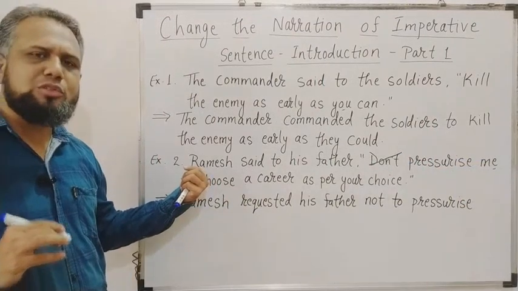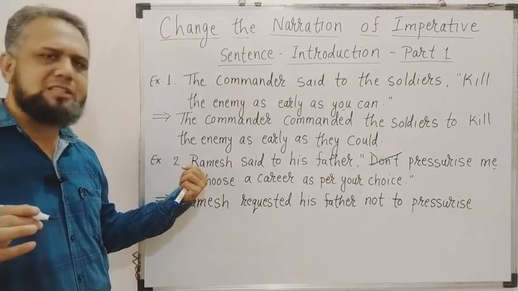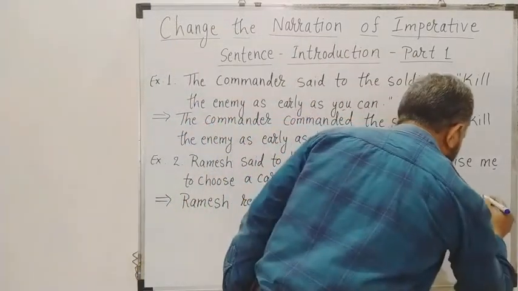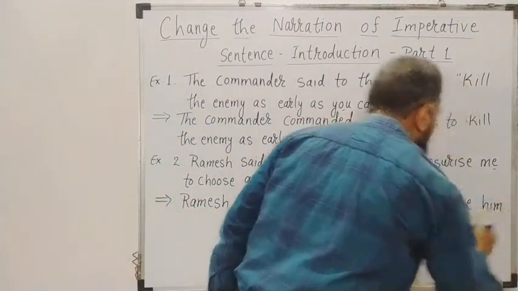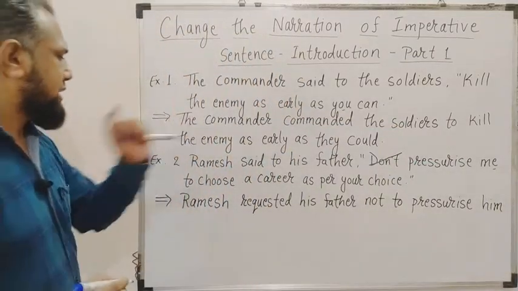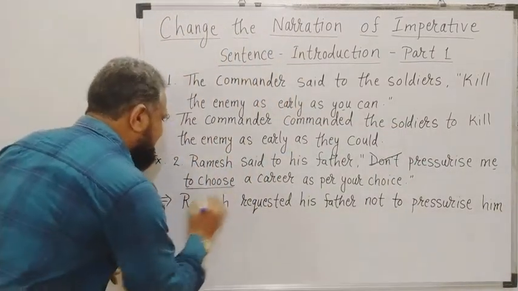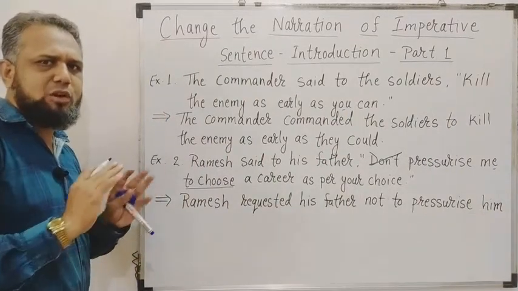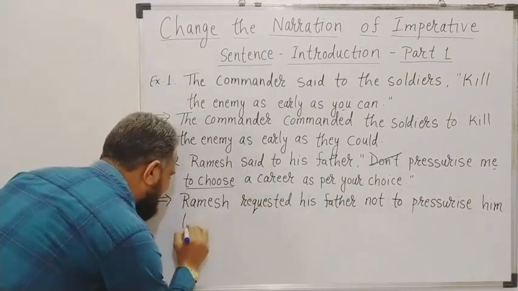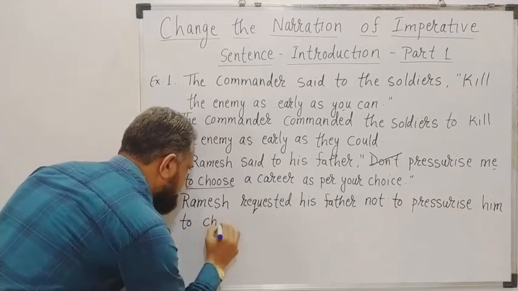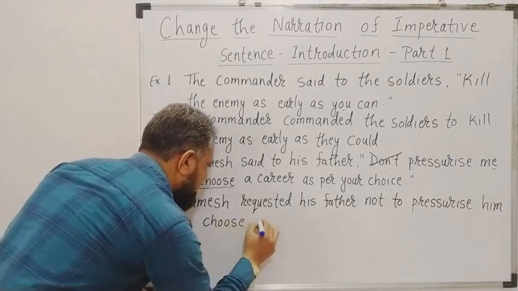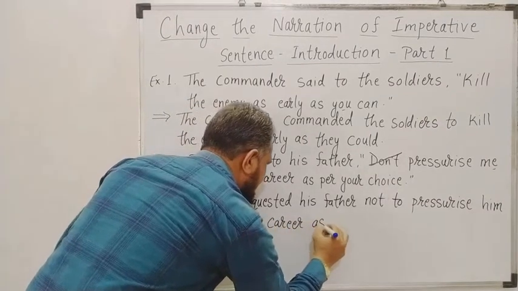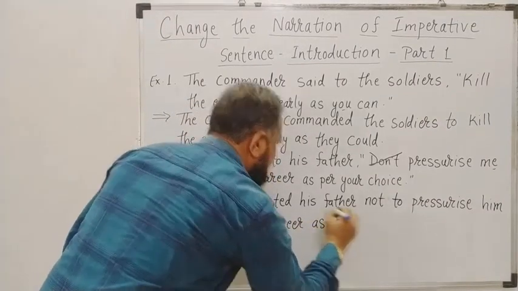This me stands for Ramesh. So we have to use third person pronoun because Ramesh is third person. It is not you, not me. So we have to use him. Third person pronoun for him is him. This is infinitive form of verb. We have already seen it in the assertive sentence. We do not have to change it. We have to write it as it is. To choose a career as per.